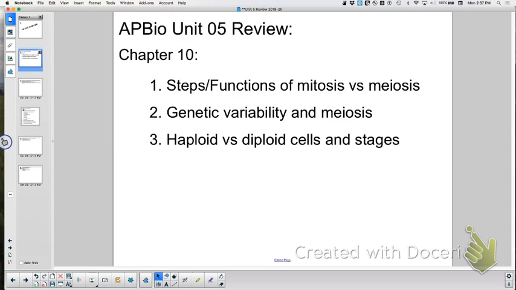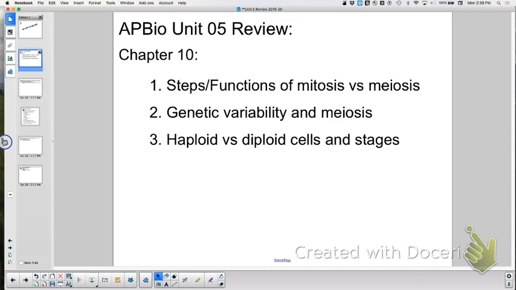So you should still be familiar with that because now you can level up and compare and contrast mitosis versus meiosis. You can talk about the steps, the functions of each, okay? You can talk about the genetic variability in meiosis that you don't see in mitosis, okay?